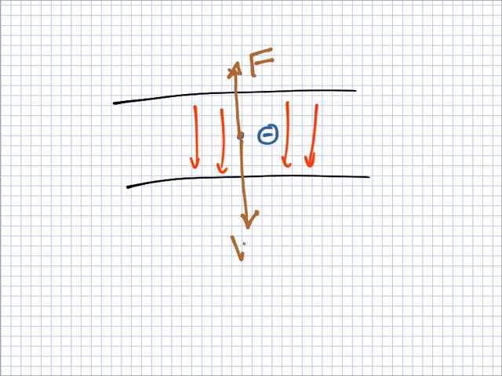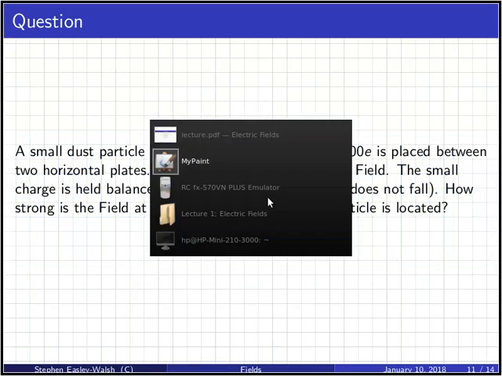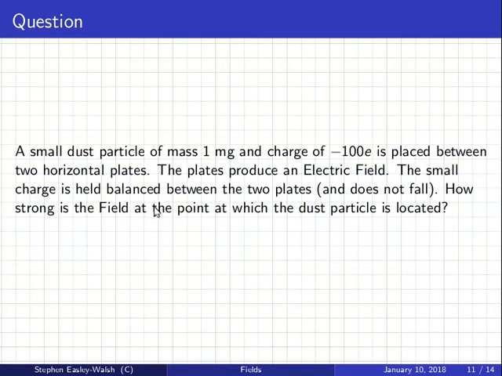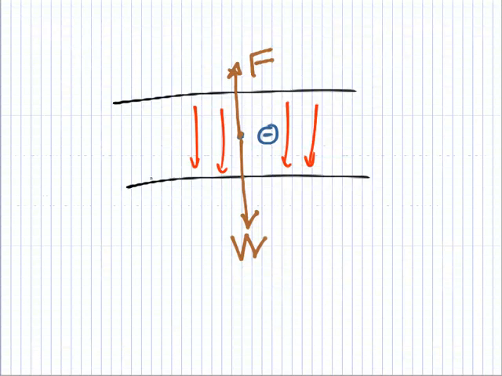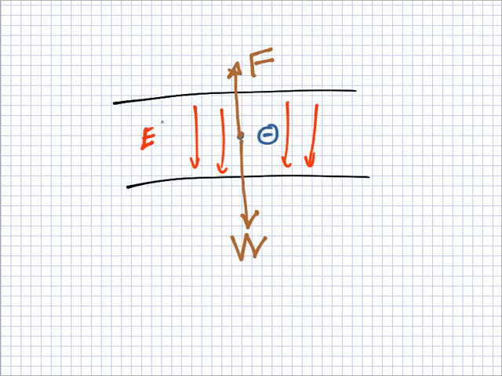The weight. And in the question they are balanced. My question then is, how strong is the field? So I want to know what's the E at this point. Let me try, again, I think you could do this. It's using the same formula, E equals F over Q.